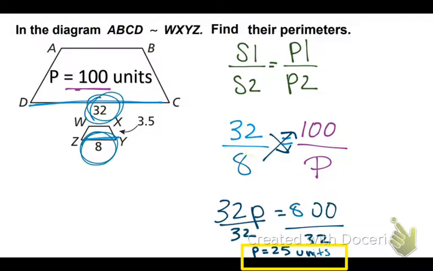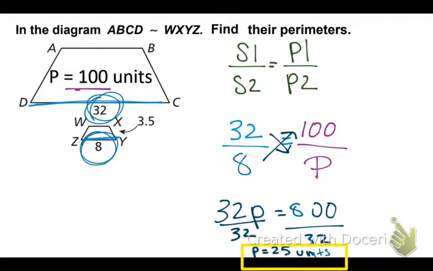There's a question on your quiz, and it doesn't say find the perimeter, it says find the ratio of the perimeters. So the ratio of the perimeters is the same as the scale factor. What is the scale factor from the larger to the smaller? So it went from 32 to 8, so it is close. 4 over 1. Nope. 1 over 4.